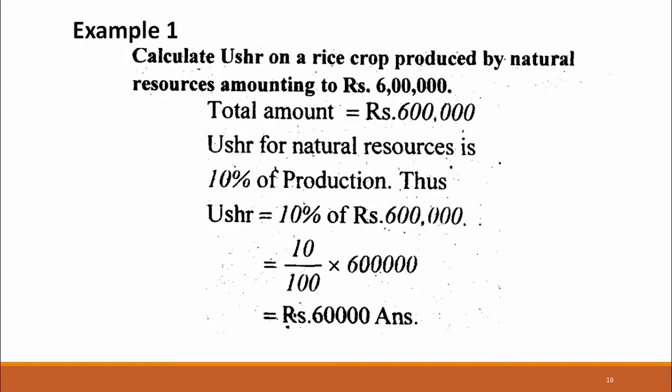So regarding natural sources, the amount of Ushr is 10%. 10% of 6 lakh, 10% means 10 divided by 100 multiplied by 6 lakh, we get 60,000 rupees for Ushr. So in this case, the person should pay 60,000 from the land production, because in this problem the land is irrigated by natural sources. So we calculate the amount of Ushr according to the 10% rate.